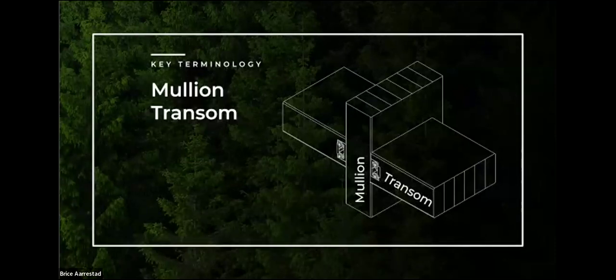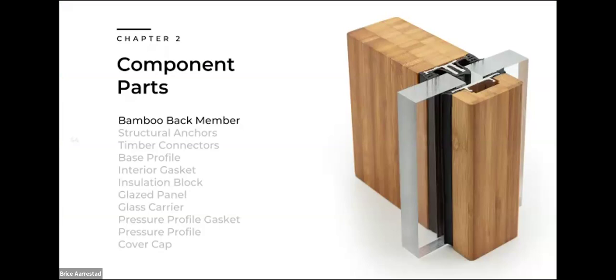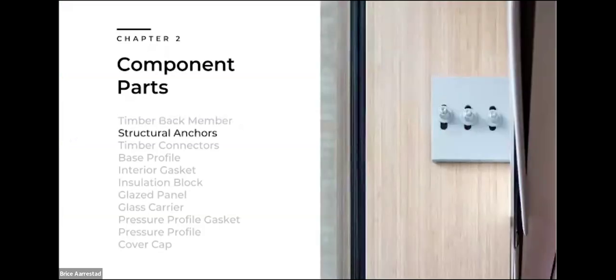Usually the mullion is the component that is doing all of the bracing against the wind loads, and the transom is the member that is holding up the gravity loads of the glazed panels. So mullions are vertical, transoms horizontal, but sometimes we call them horizontal mullions. But let's be technical here. So, all right, component parts. Back to structural anchors.